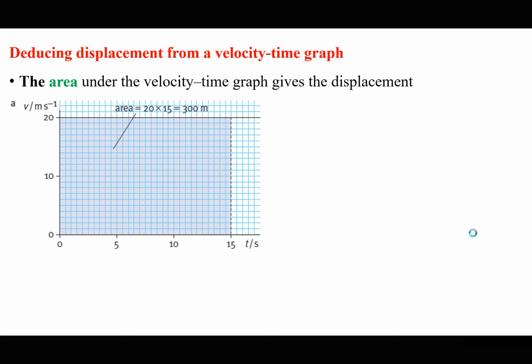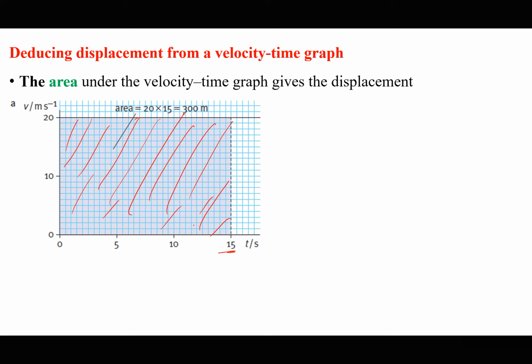So for an object moving with a constant velocity like this one, the area is actually the area of a rectangular shape. So let's say for the first 15 seconds, the area under the graph with the time axis is going to be the displacement.